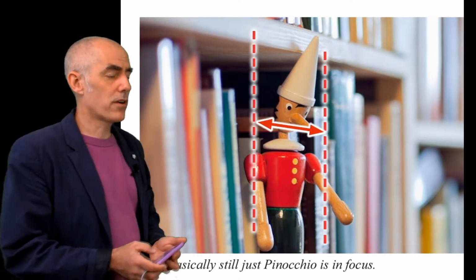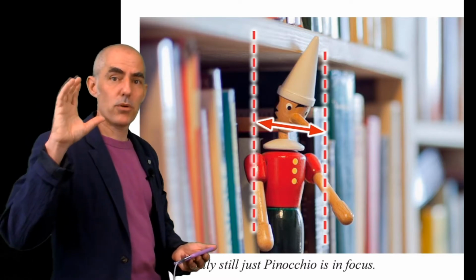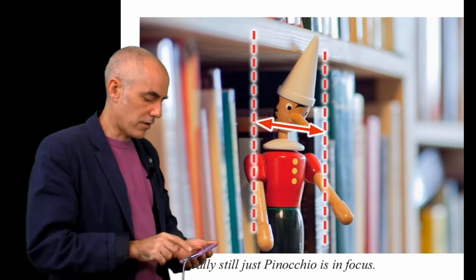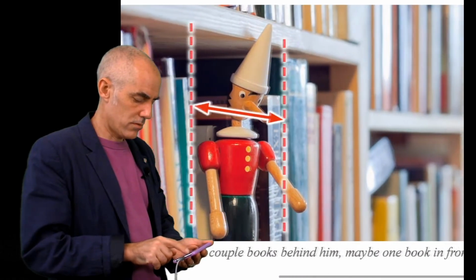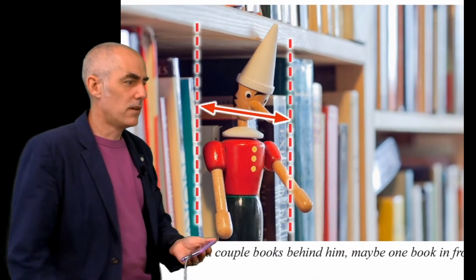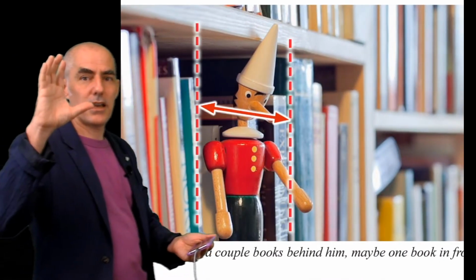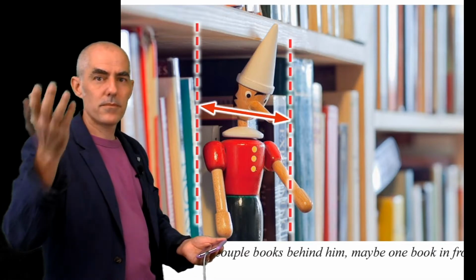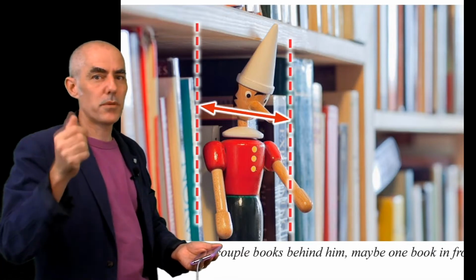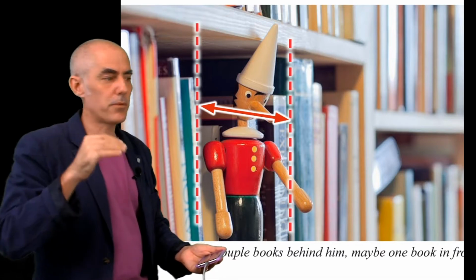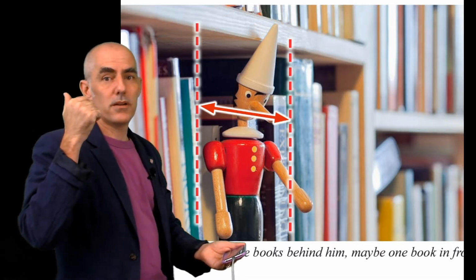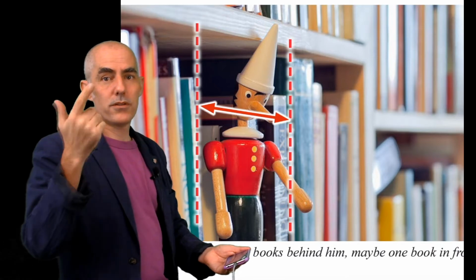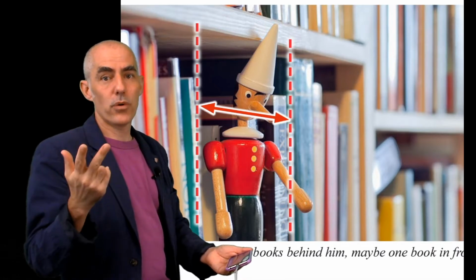If I go from f2, again, a big old honking opening, to f4, I've taken that and made it a little smaller. How much? Remember, if we look at the scale of apertures, we go from f2, 2.8, 4.